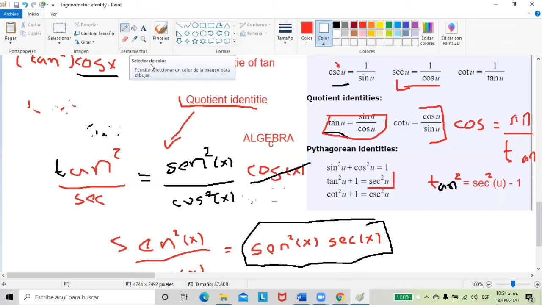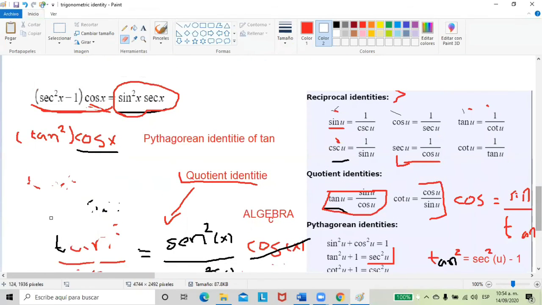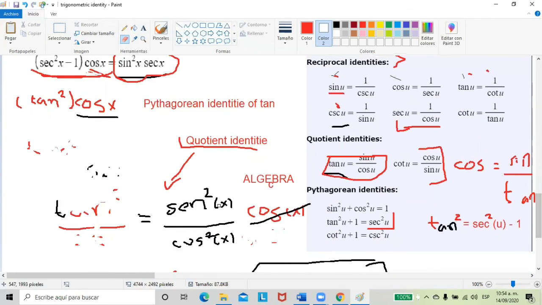Okay, forget this part because we start making it back. So this part, okay. But here is algebra. Why? Because here we have the tangent. Here we have that the tangent is equal to sine square over cosine square, and here this is the quotient identity. So here the next step is algebra.